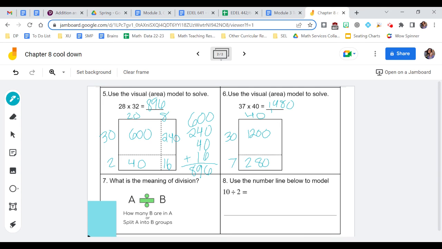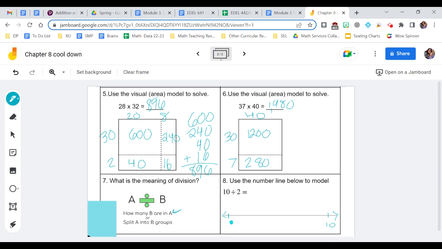Moving on to the last problem, number 8, we're going to turn this into a number line problem. So 10 divided by 2 might be repeated subtraction. I'm going to use how many B are in A. I'm going to use that definition to help me. It's not the only way to solve, but this is just one way.